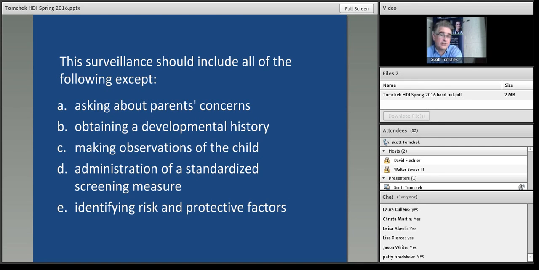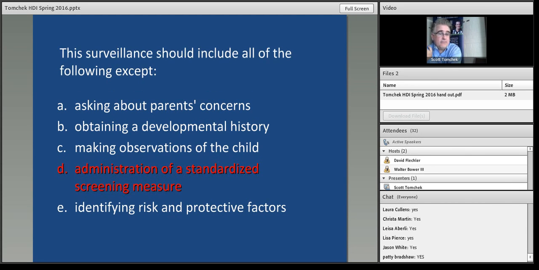In contrast to screening, which is more of a standard process where an actual instrument is used during well checks. Again, here's an opportunity for you to test your knowledge. When does the AAP recommend that these screenings be done? 6-12, 24-30, 9-18, 24-30, all of the above, 3-6-12.